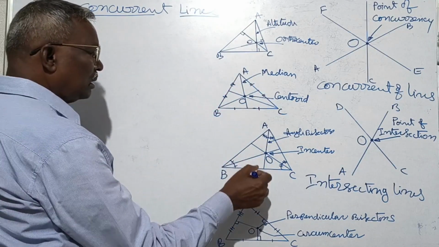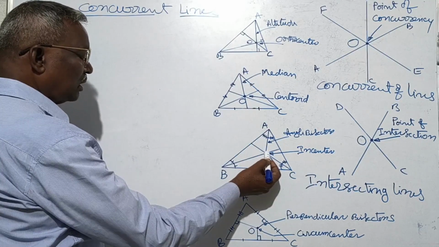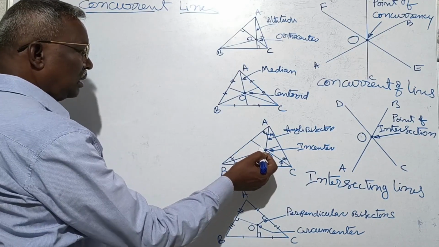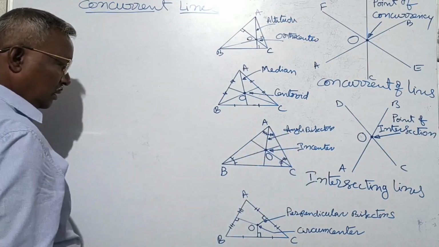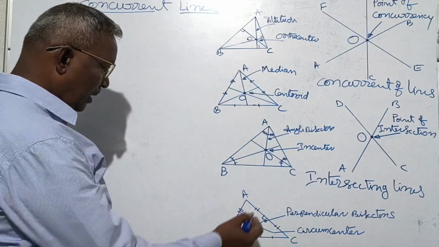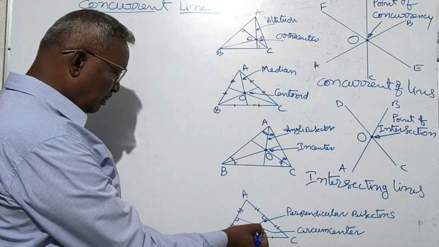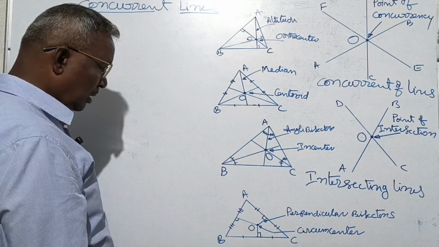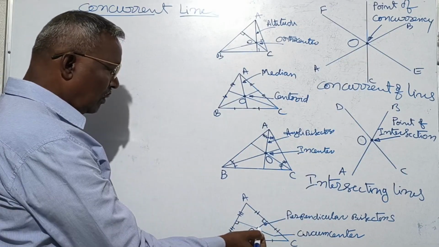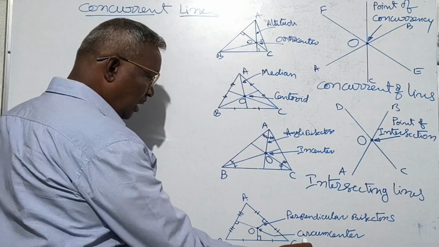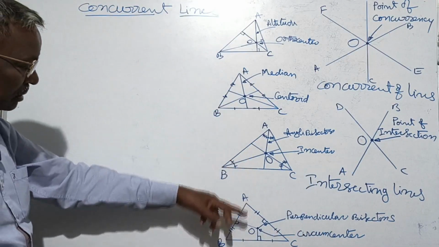In a triangle, all angle bisectors meet together at one point, that is concurrency of angle bisectors, called the incenter. Similarly, in a triangle, perpendicular bisectors meet at one point, that is concurrency of perpendicular bisectors, called the circumcenter.